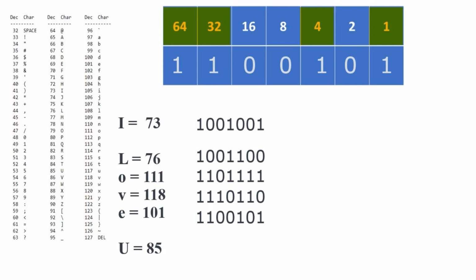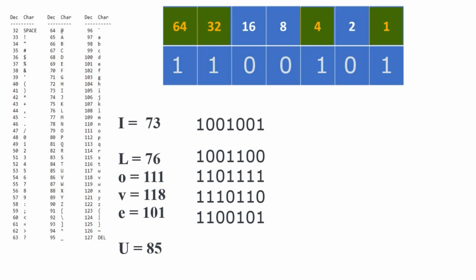And let's go to big letter U. Big letter U is equivalent niya ay 85, or decimal. Kalimutan kong sabihin. Ang number na ito ay decimal pala yan. Decimal tawag dyan.